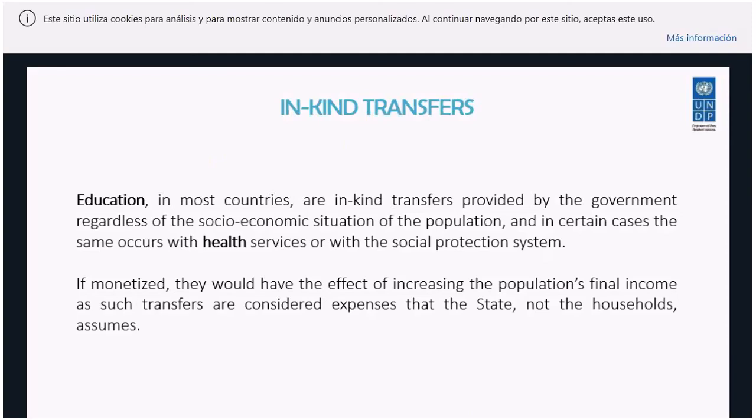It's just a good and service the household can consume, and of course improve or affect households' well-being. So it is important to take this into account.